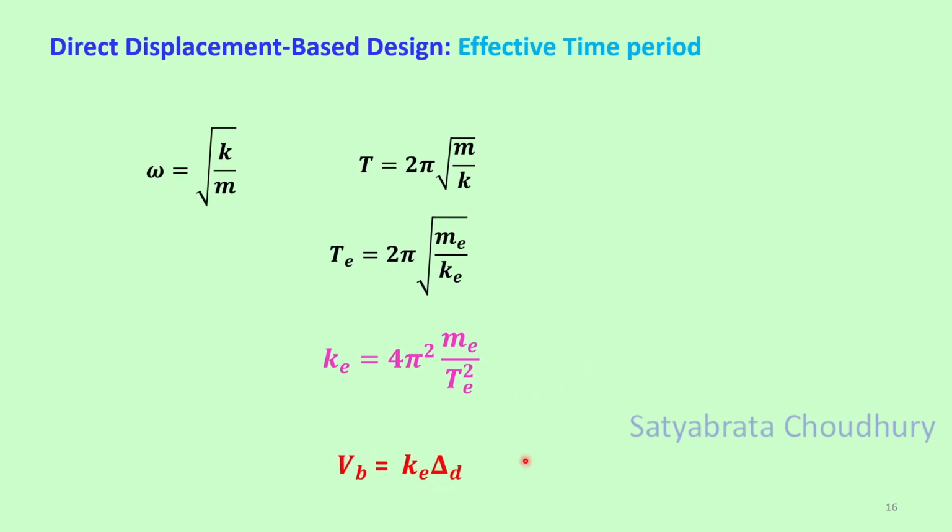And the design base shear is now equal to Ke into delta D. This comes from the definition of stiffness, K equal to force by displacement, so V base by delta D, or force equal to stiffness into displacement. Our displacement is delta D for design purposes. Our stiffness is Ke for the equivalent single degree of freedom system. So if I multiply this Ke by delta D, I get a force which is my design base shear in the displacement based design.